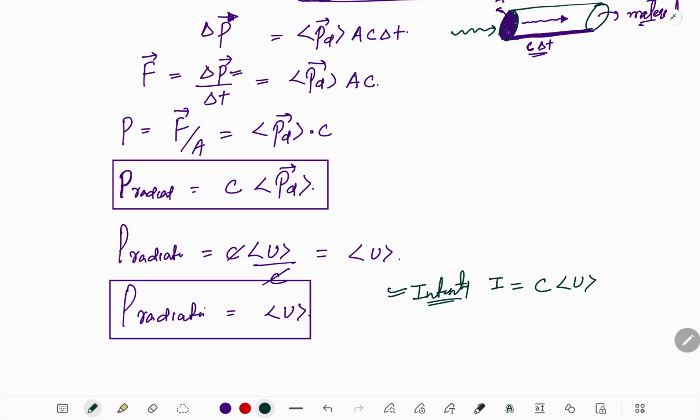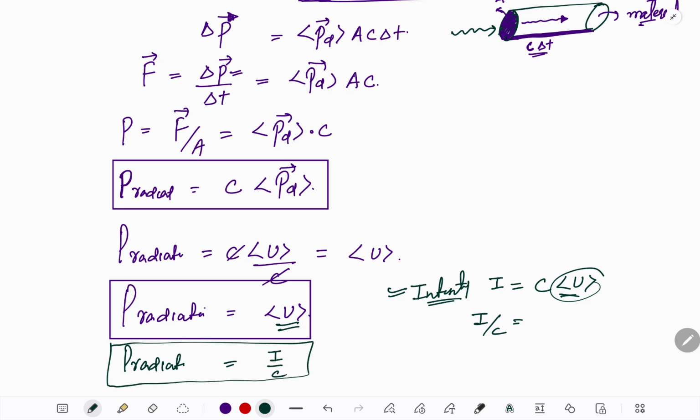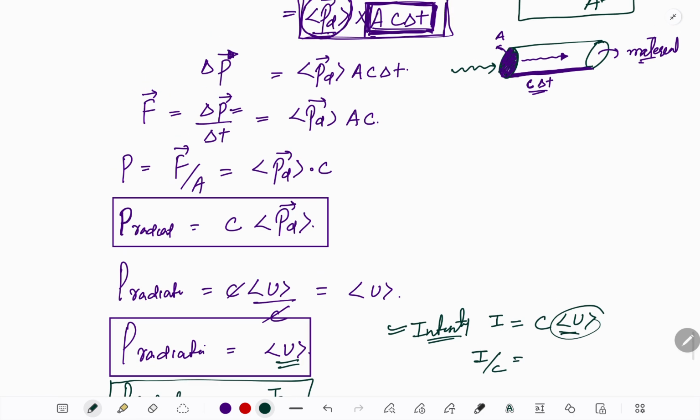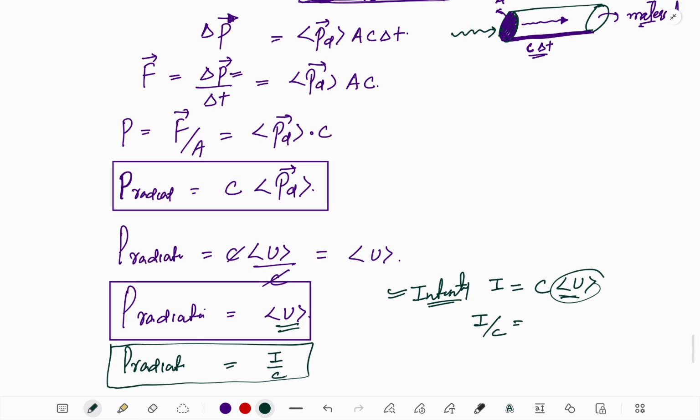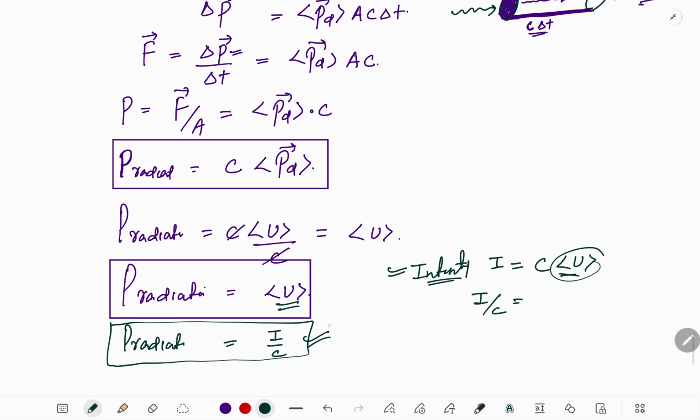So basically we can replace this U as I by C. So P radiation, or the radiation pressure, equals I by C. This is again a very important formula. So fundamentally what we have to remember is this one, I by C, and this thing, average of the energy density, or C times the average of the momentum density.